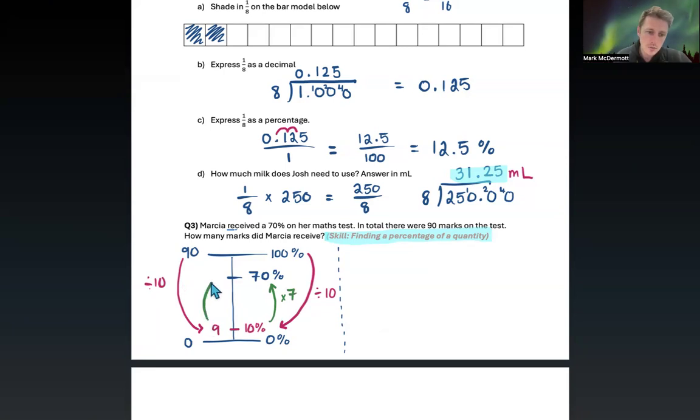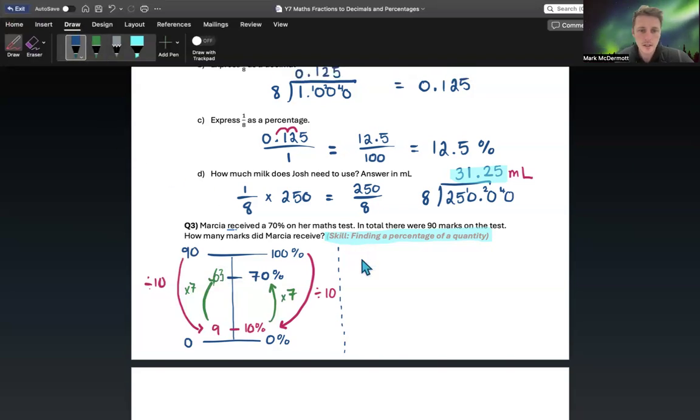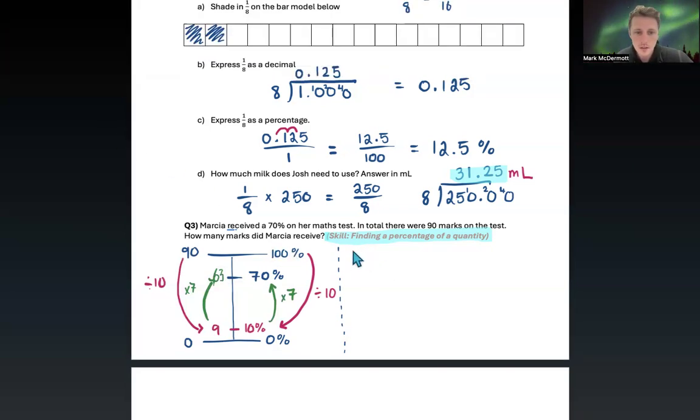So 9 multiplied by 7 is 63. Our conclusion is that 70% of 90 is 63. So she received 63 marks. That's our answer.